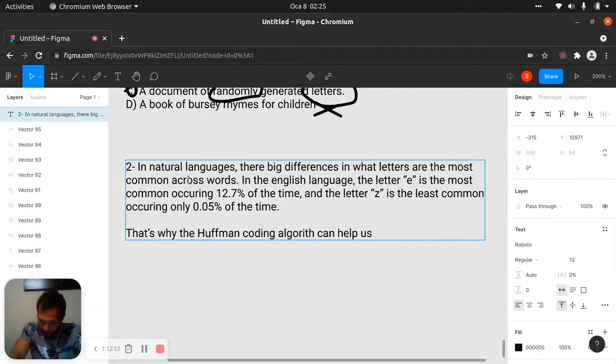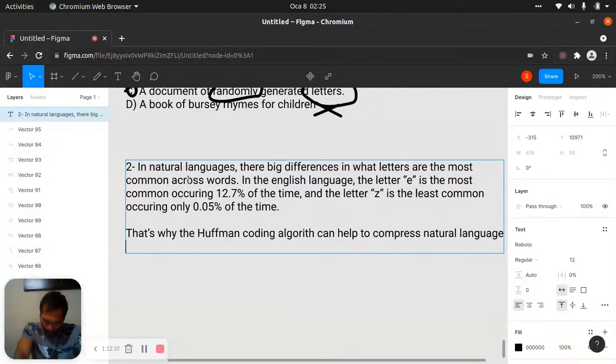Huffman coding algorithm can help to compress natural language documents.